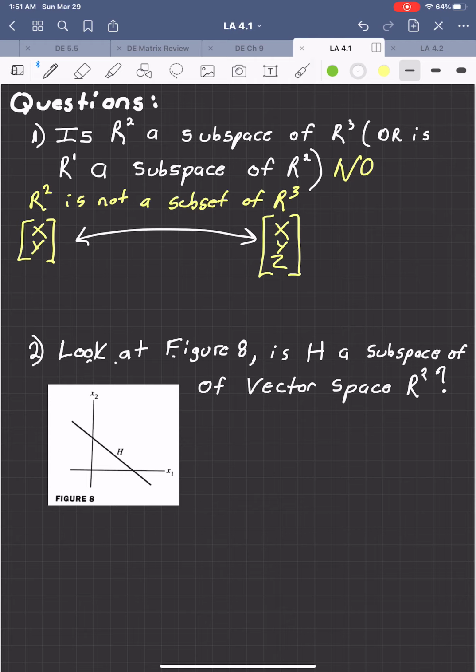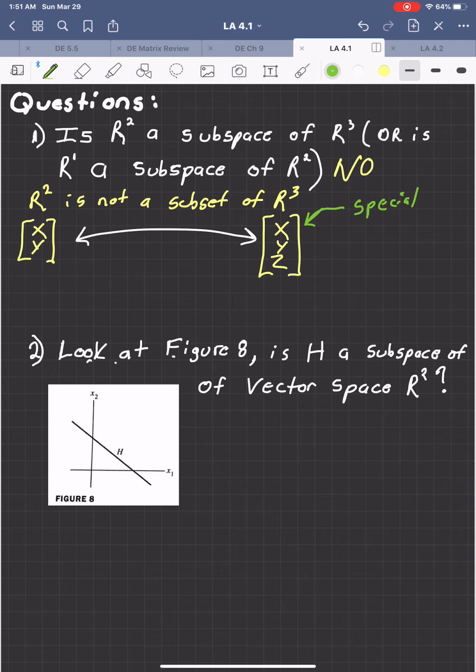Now, if you answered yes to that question intuitively, then here's what you were thinking. You were thinking about a very special subset of R3 that looked like this. There's nothing really special about it, but I guess it's special to me.